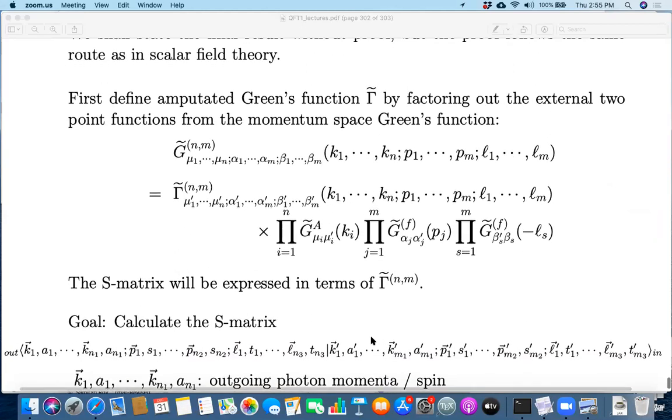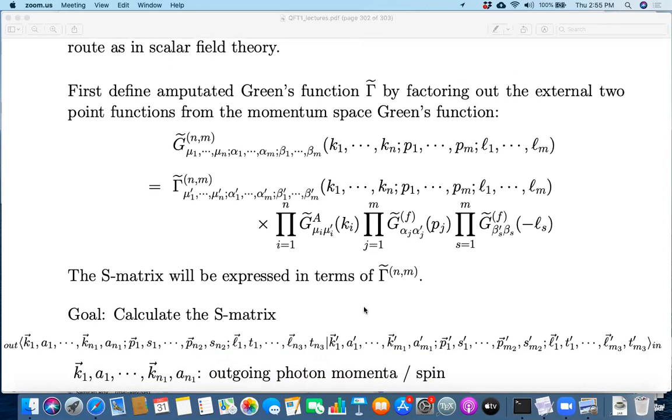Yes, go ahead, please. P and L have the dispersion relation, P0 is the square root of P squared plus M squared. Yes, indeed.